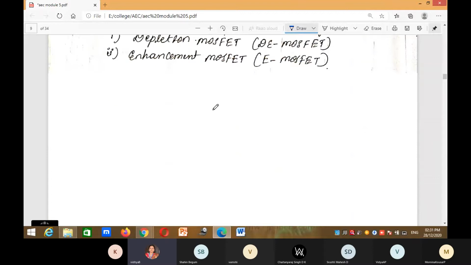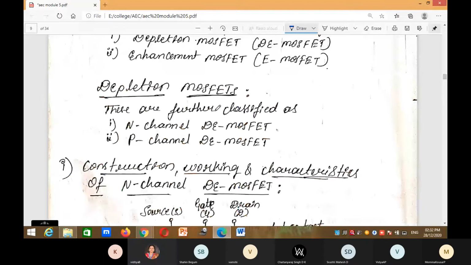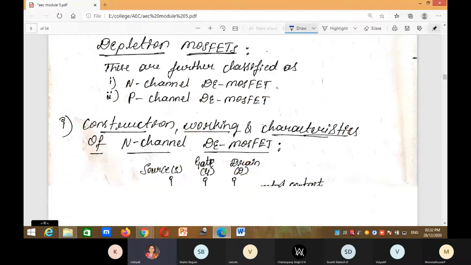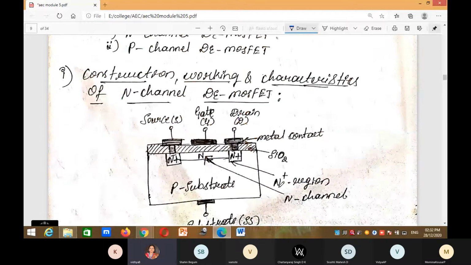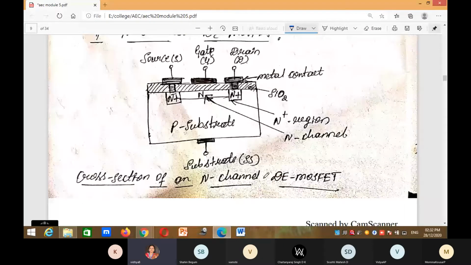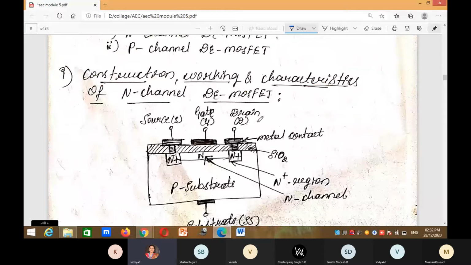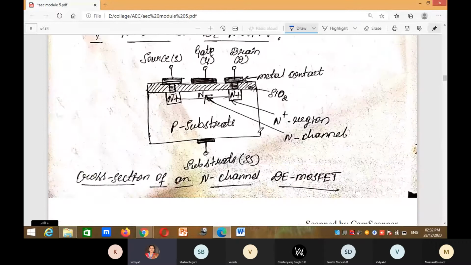First, we shall discuss the construction, working, operation and characteristics of the N-channel D MOSFET. Depletion MOSFET again has two types, N-channel and P-channel. First we shall go with the N-channel D MOSFET.